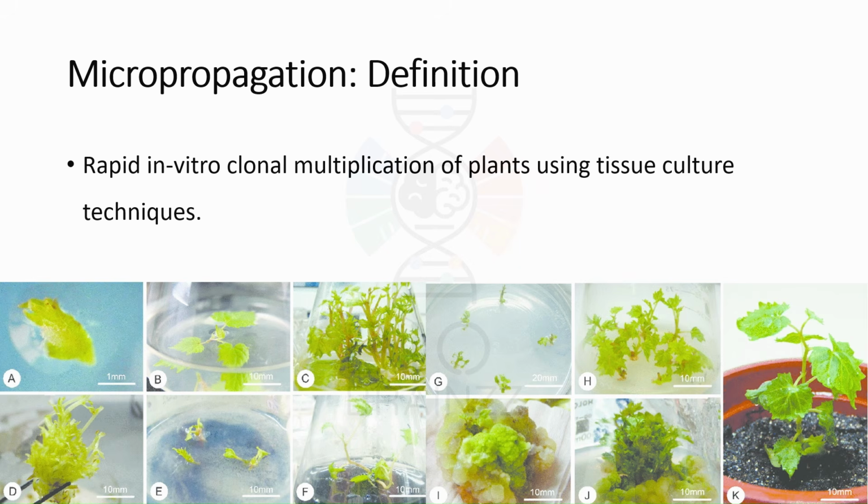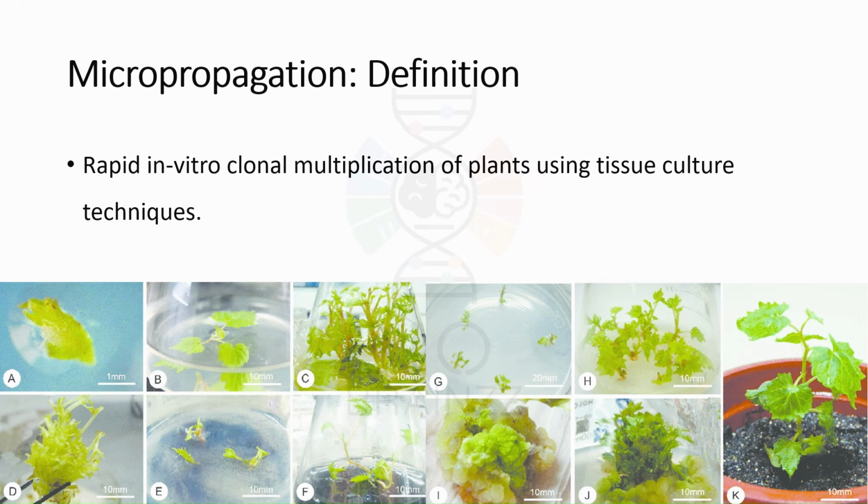Micropropagation is defined as the rapid in vitro clonal multiplication of plants using tissue culture techniques. The word clonal is very important. It means that all the plants produced are genetically identical to the parent plant. This genetic uniformity is desirable when we want to multiply elite varieties with superior traits.